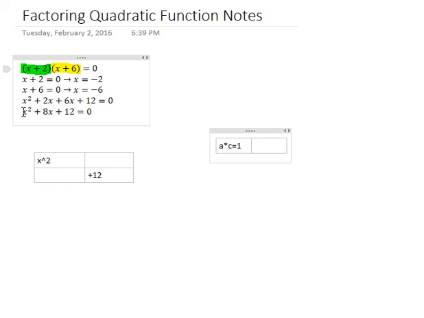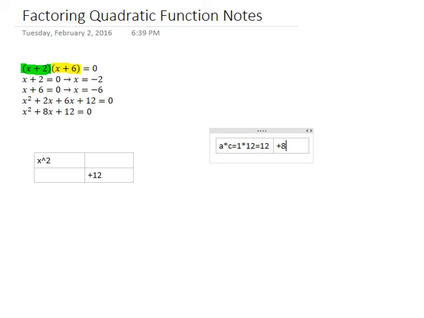And then we have our C term, it's this term right here at the end. So it's going to be times 12. Well, 1 times 12 is 12. That's our first number. Our second number is we look at our B term. In this case, it is positive 8.